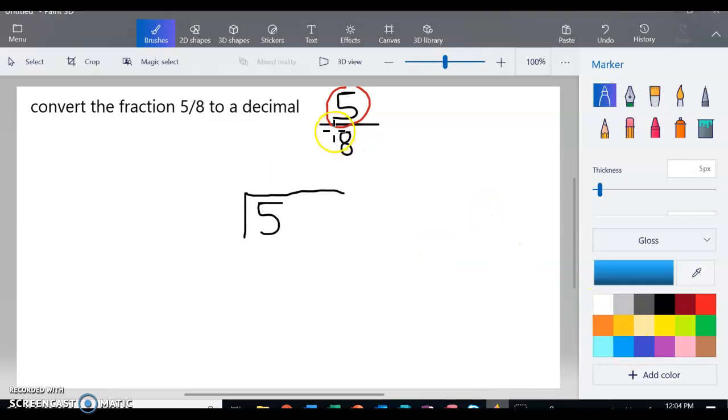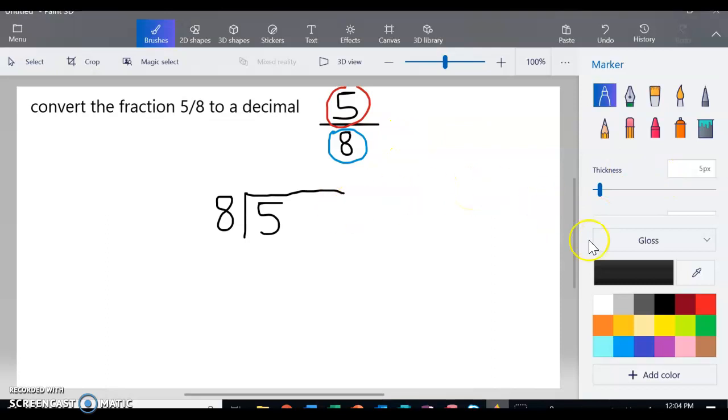The next step is we're going to put our denominator, or the bottom number, 8, into the outside of our house. The important thing to remember is every time you're converting a fraction to a decimal, your numerator, or the top number, is always going to go on the inside. Your bottom number, or the denominator, is always going to go on the outside.